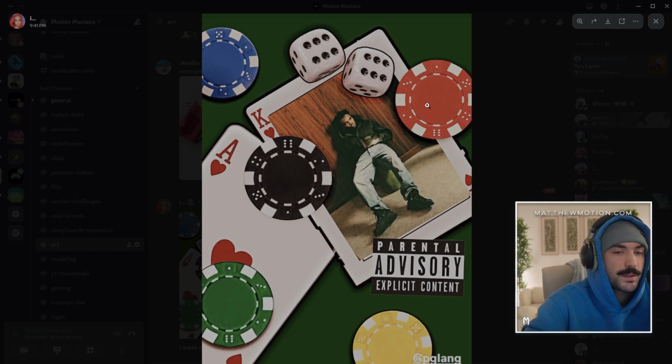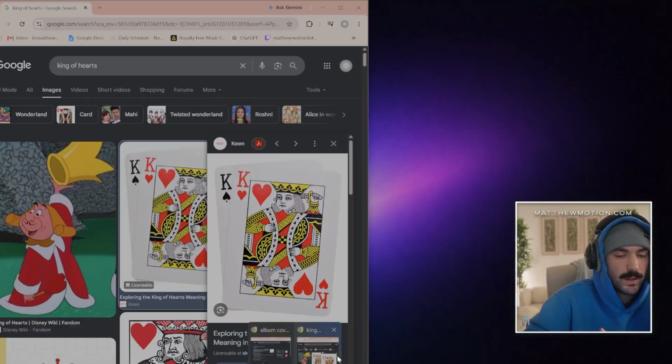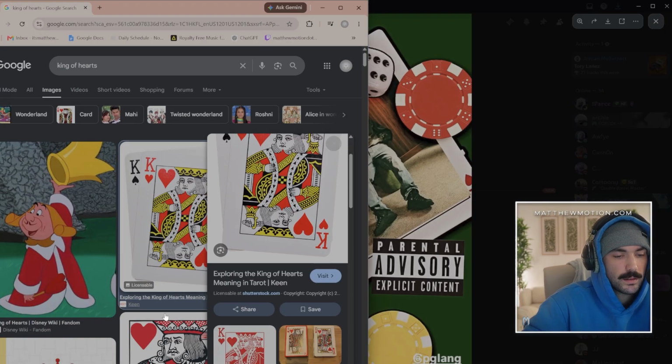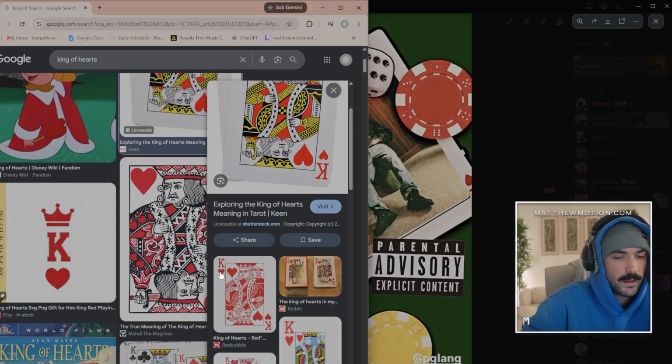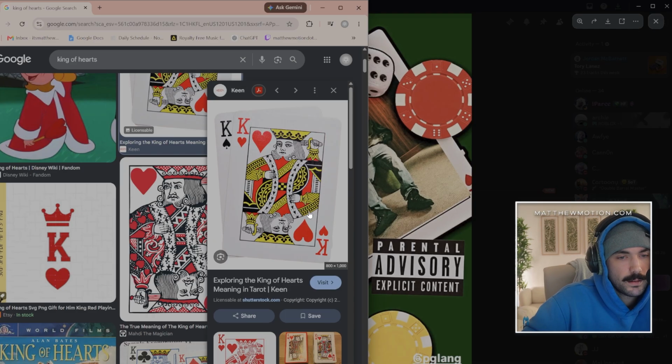So it's this cool thing, and then you split him in half and duplicate him, and do some sort of collage with that. It'll be like, oh, he's the King of Hearts card, because this is what every King of Hearts is going to look like. It's always going to be split in half and flipped, so that no matter how you look at it, it's flipped.